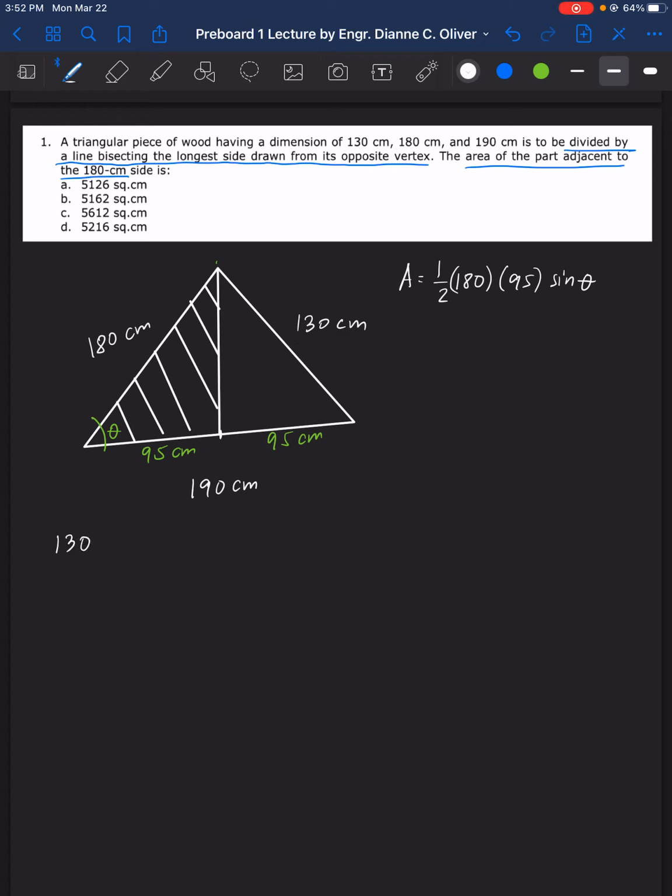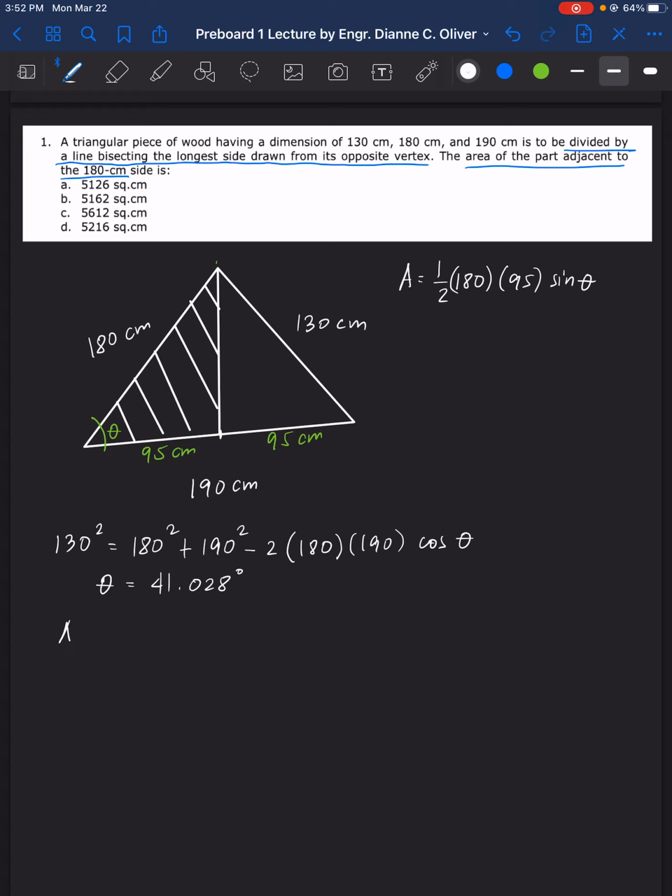So 130 squared is equal to 180 squared plus 190 squared minus twice of 180 times 190 cosine theta. Thus, we get the value for theta as 41.028 degrees. I am using the Casio calculator, so you can actually inverse cosine this one.